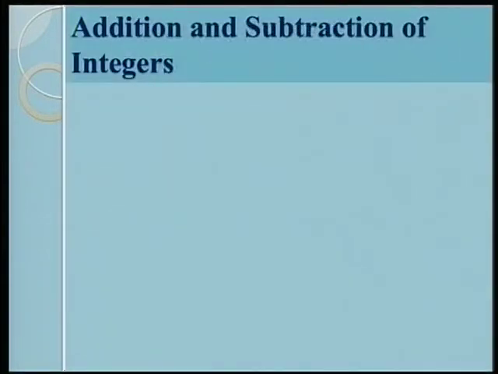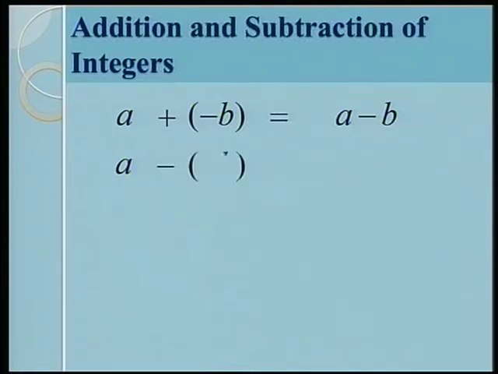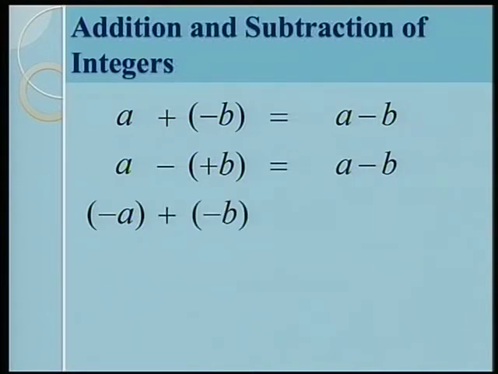We will now look at some general rules for addition and subtraction of integers. For any number A added to a negative number B, we will have A minus B. For any number A minus any positive number B will equal A minus B. Now, for the addition of any two negative numbers, we will proceed as follows.